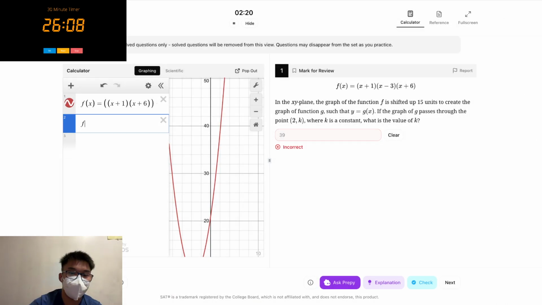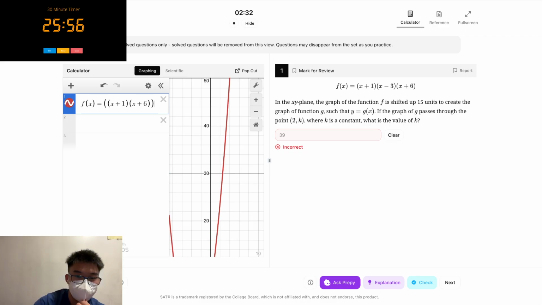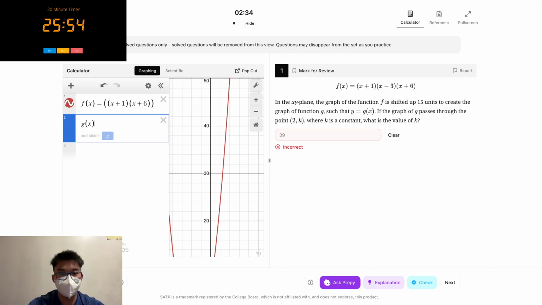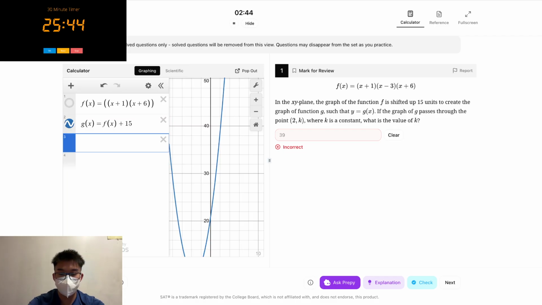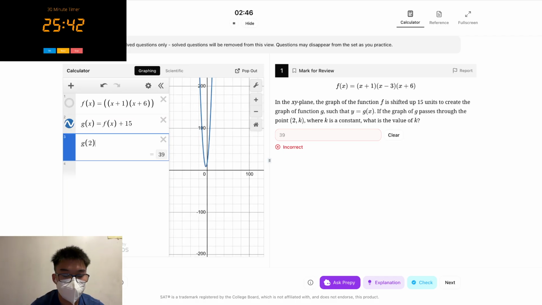What I'm guessing is they did g of x, whatever y is equal to. So this is y, and I'm guessing they say g of x is f of x plus 15, right? F of x plus 15, and then you have g of 2, 39.